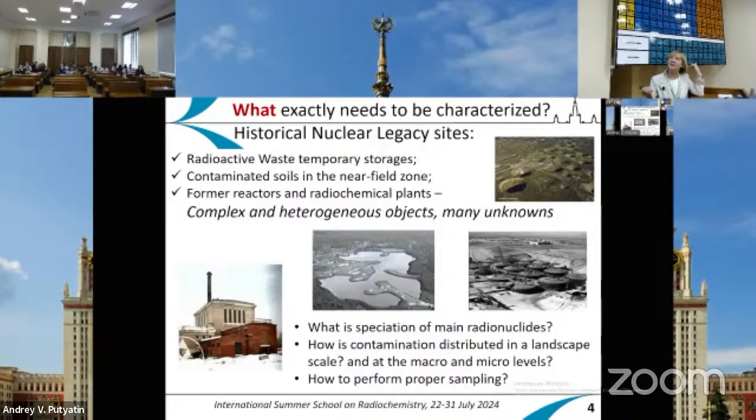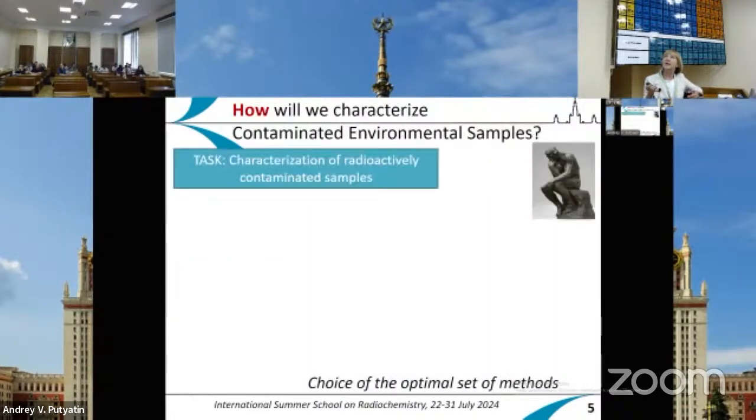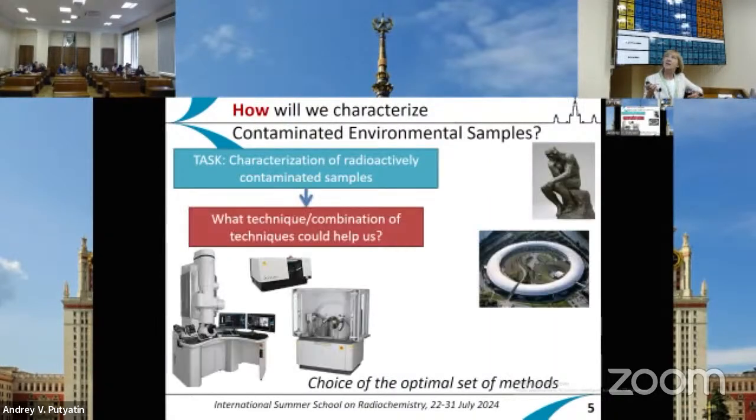How is contamination distributed on a landscape scale, on a scale of some meters, centimeters, millimeters, and micrometers, in order to perform proper sampling first for some destructive analysis, and then to rehabilitate this territory? So our task is to characterize radioactively contaminated samples.